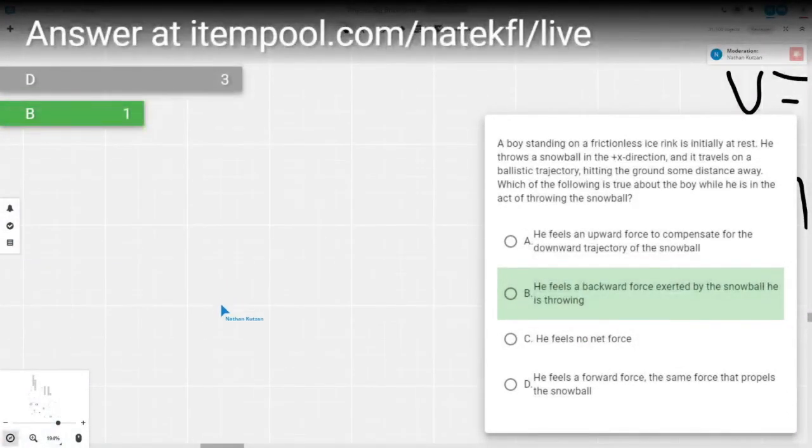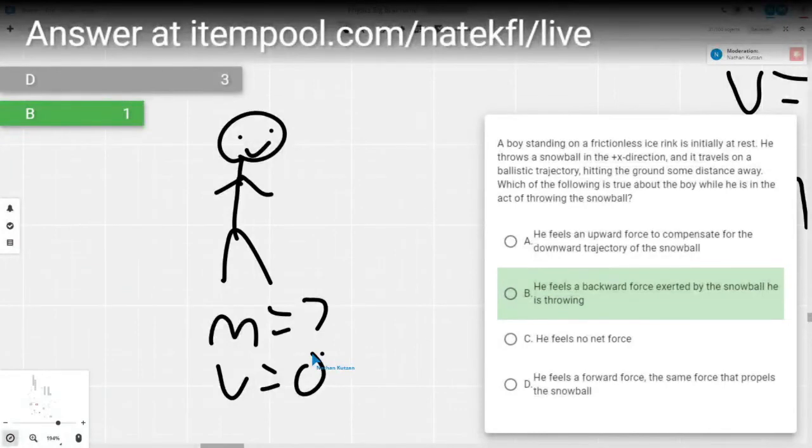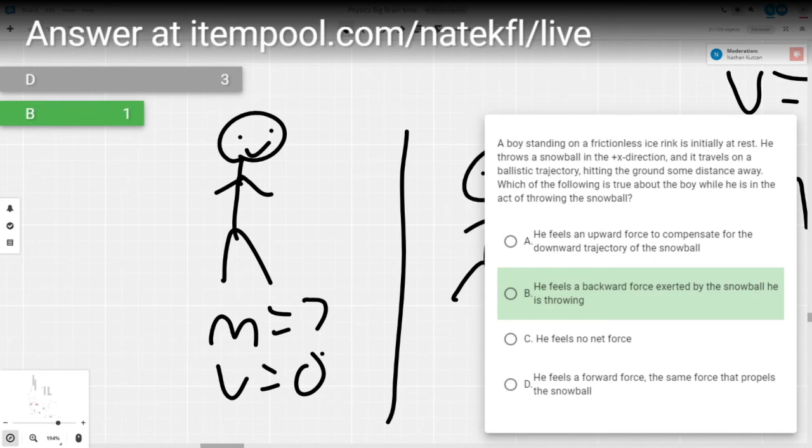And he has some mass, and his velocity is 0. And then some time passes, and we have this person, and he's thrown a ball. And so then he has some mass, and the ball has some mass, and the velocity over here is positive.